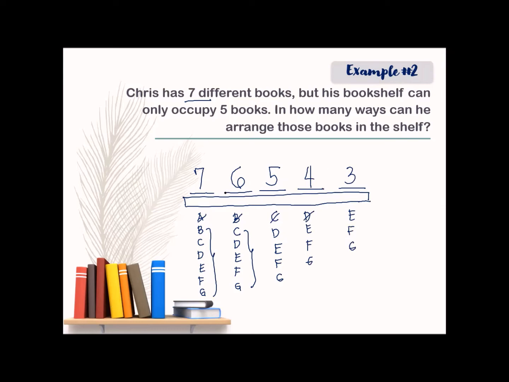And then, katulad ng binanggit ko kanina, our common operation here is multiplication. So, you're just simply multiply it. So, 7 times 6 times 5 times 4 times 3. What do you think is the answer?